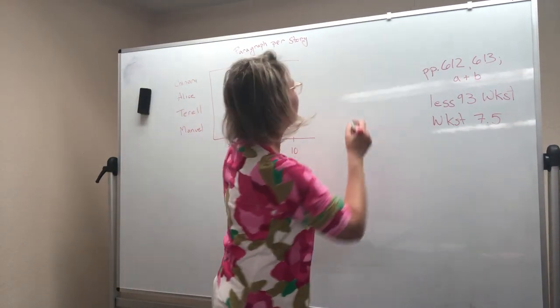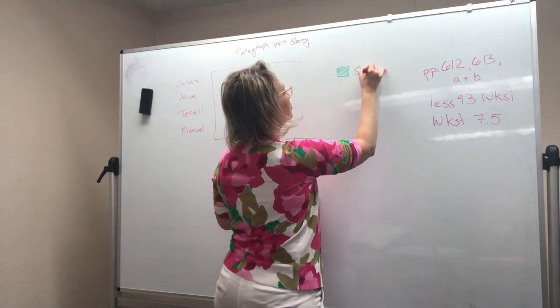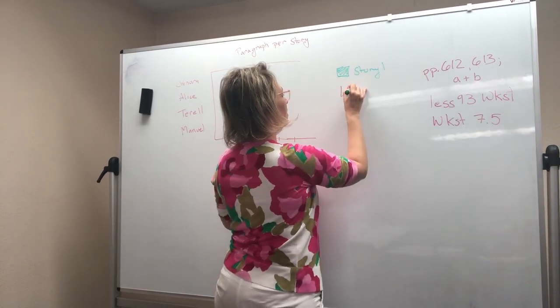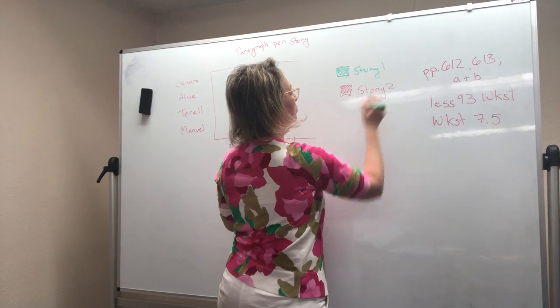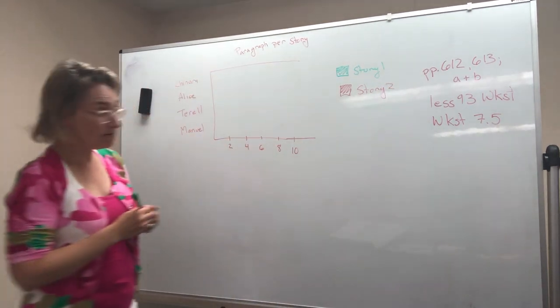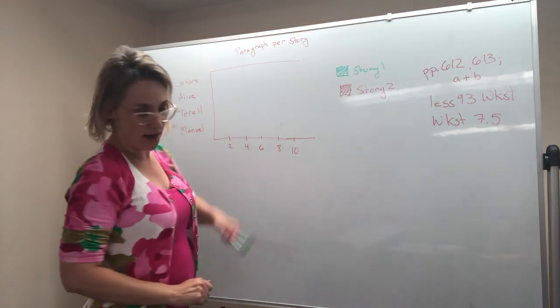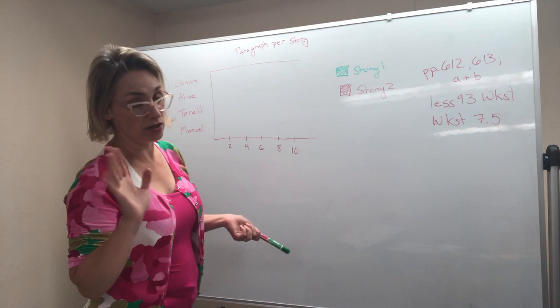And we're going to say that green is story 1 and that red is story 2, okay? And then for each kiddo, you are going to put on the graph 2 lines, a green, well, you don't have to use green and red, use whatever colors you want.